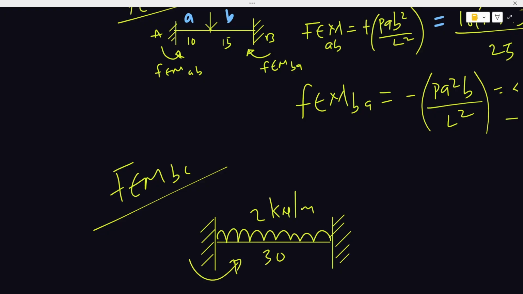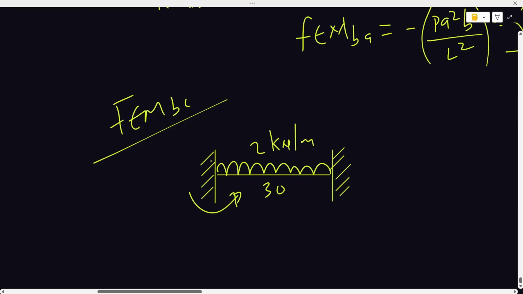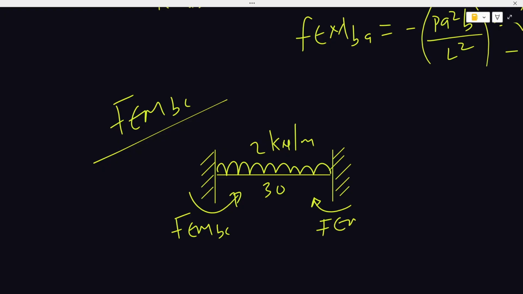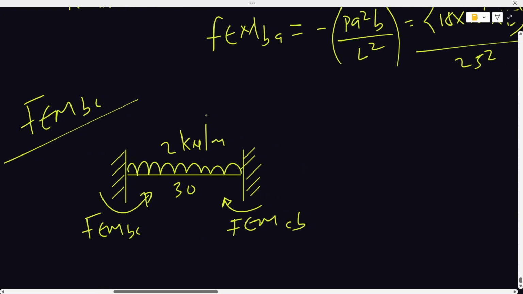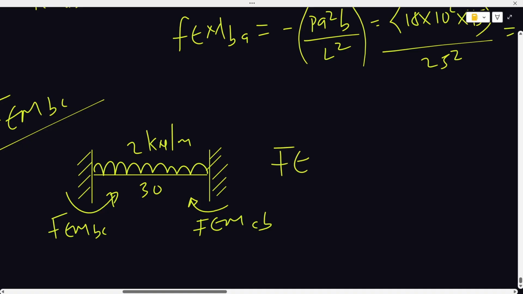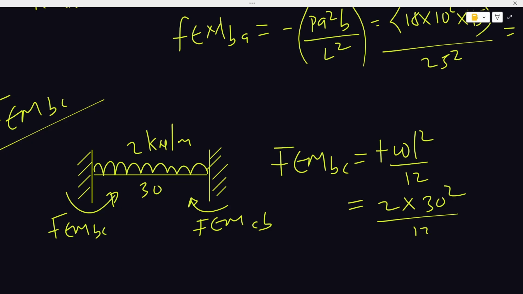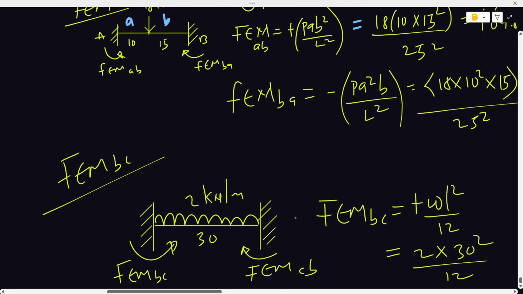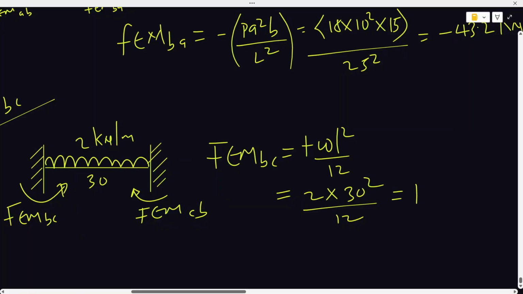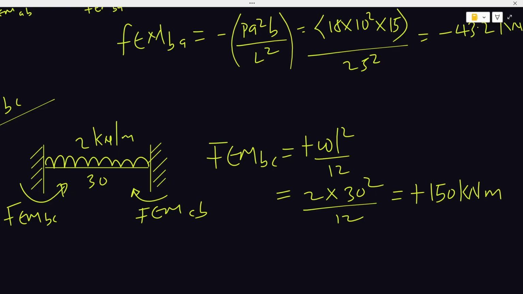I have FEM BC. I have FEM CB. From the fixed end moment expression, once again, due to the anti-clockwise nature of BC, I'll have plus W L squared over 12, which will give me 2, where W is my load intensity, times 30 squared over 12, which will give me positive 150 kilonewton meter. Yes, that's our guy.